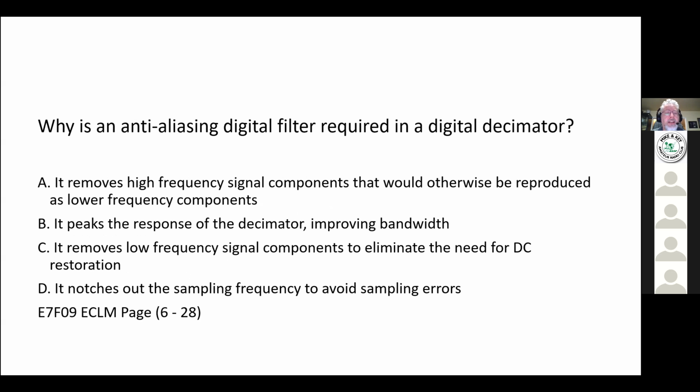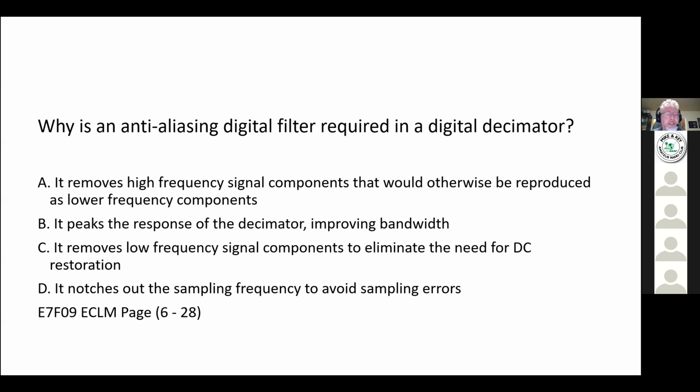Why is an anti-aliasing digital filter required in a digital decimator? A, it removes high-frequency signal components that would otherwise be reproduced as lower frequency components.